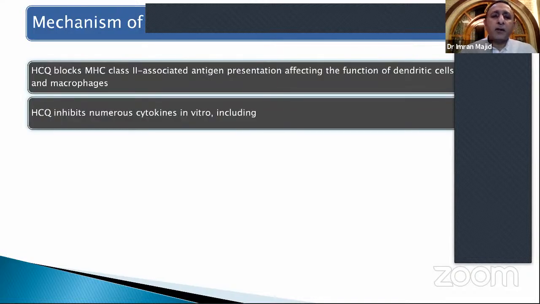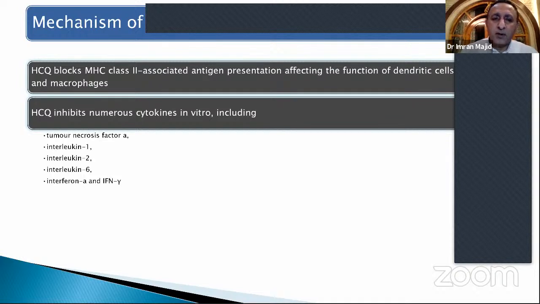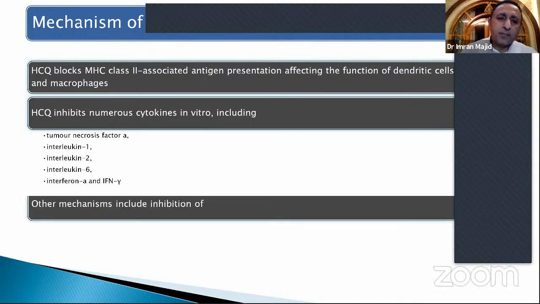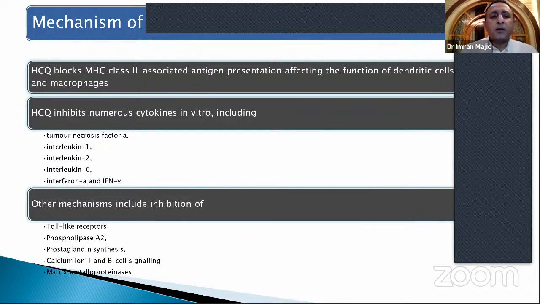So how does it act? It basically blocks class 2 associated antigen presentation, affecting the function of dendritic cells and macrophages. It has an inhibitory effect on many cytokines and inhibitory effect on toll-like receptors, phospholipase A2 and others.